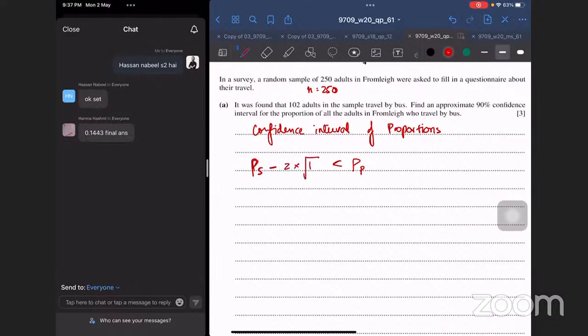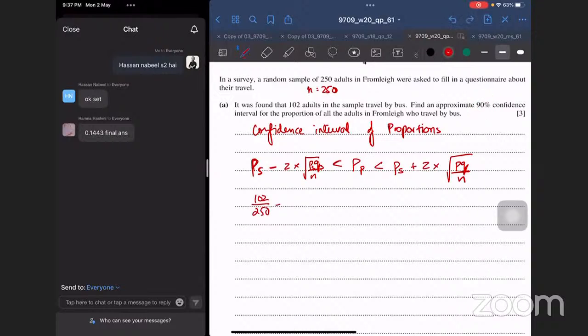Z into root of PQ over N, where this is also S, and this is PS plus Z into root of PQ over N. Okay, so PS is therefore 102 out of 250 minus the Z value.